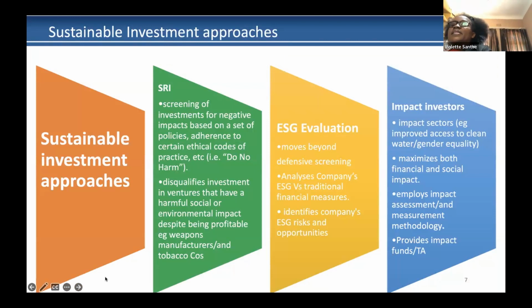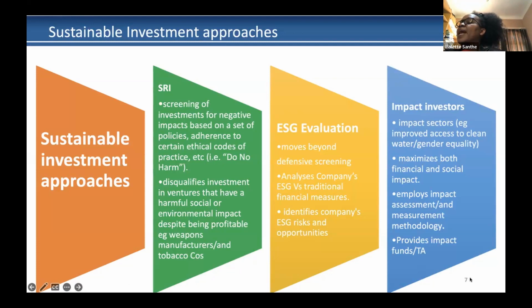Okay, socially responsible investing involves the screening of investments for negative impacts based on a set of policies, adherence to certain ethical codes of practice. For instance, do not harm. This is a buzzword which is being used in sustainable investments.